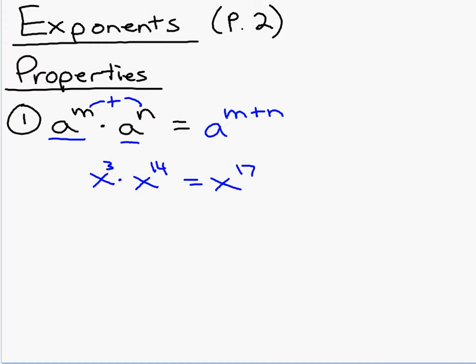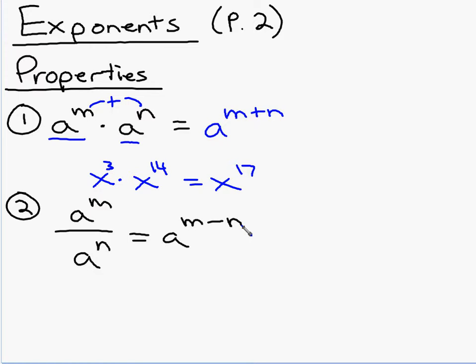Now, common sense would tell you if I divide like a to the m divided by a to the n, that I would subtract those exponents, a to the m minus n.